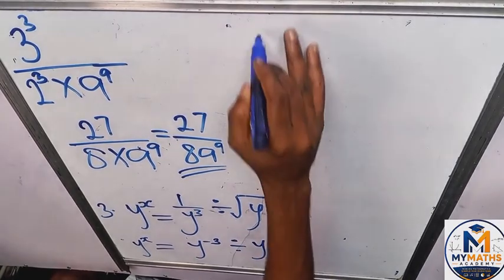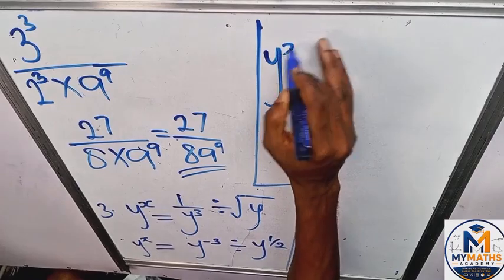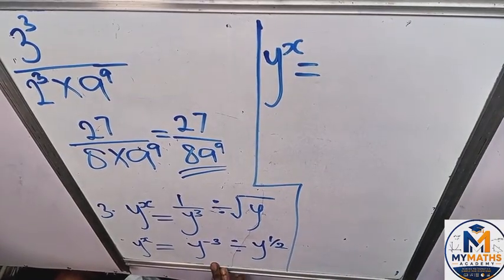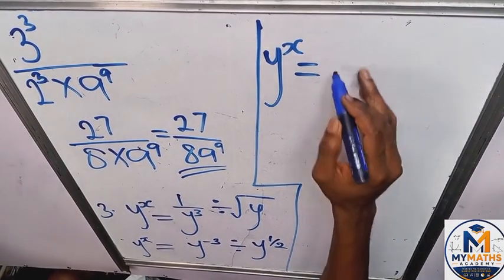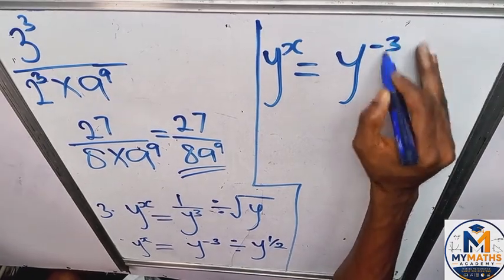Are we clear? So you can see what we just did, thereby making sure that we remove this thing from fraction and also remove this thing from the roots and put it in power. So y raised to power x is equals to, now since this and this have the same base, it's going to be y raised to power minus 3.